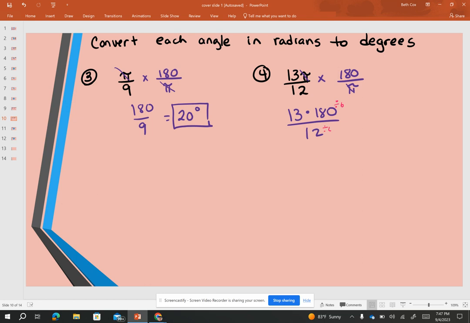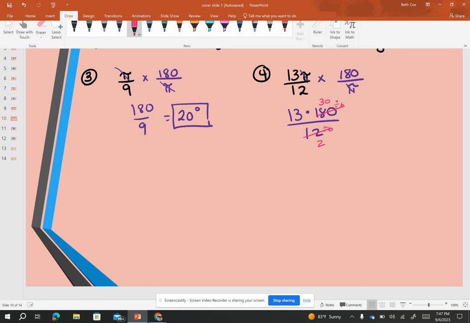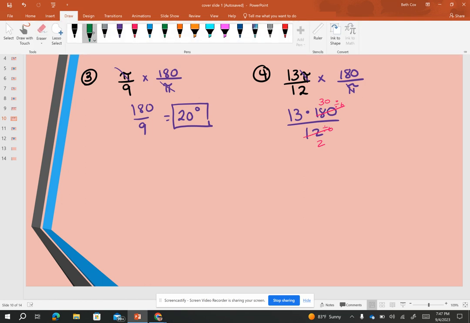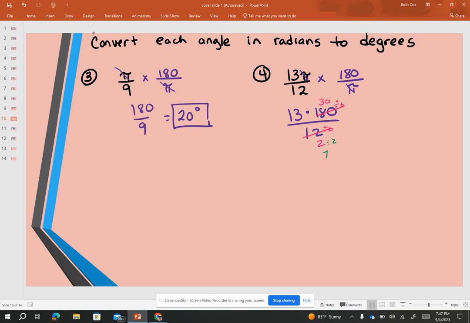Reduce these by 6, and that would give me a 30, and that would give me a 2. And then I can reduce the 30 and the 2, just reducing my fraction. That'd be a 1, and that would be a 15. So now I have 13 times 15 over 1.